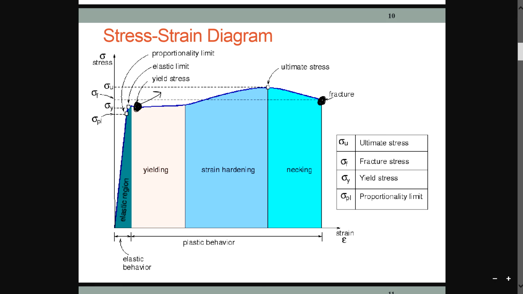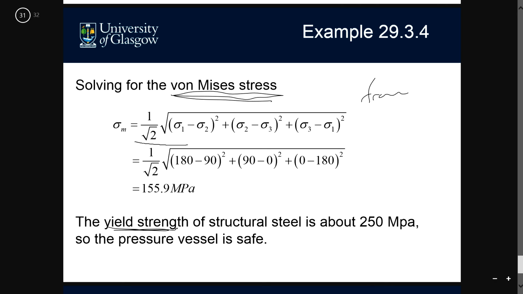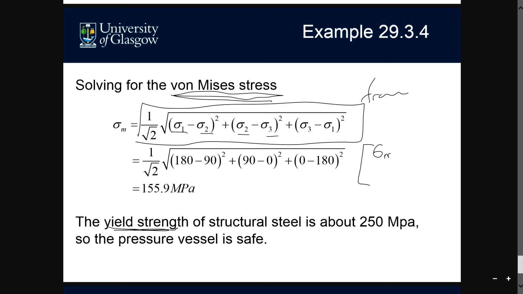To use von Mises stress, you just apply this formula, where sigma 1, 2, 3 are simply your radial stress, your sigma theta, and your sigma zz. We know the radial stress is 0, so for the 2D case, it's simply sigma theta and sigma zz, where this is 180 and this is 90.